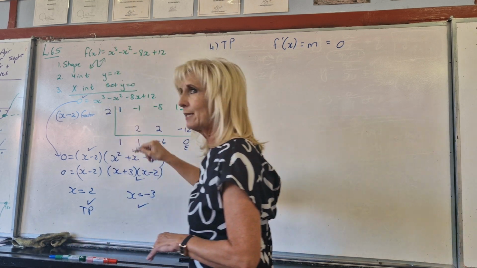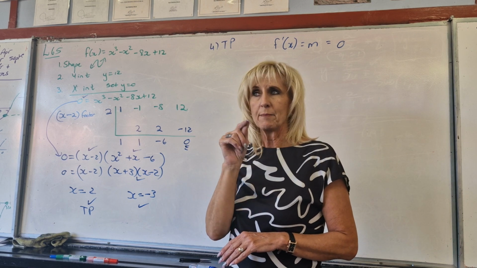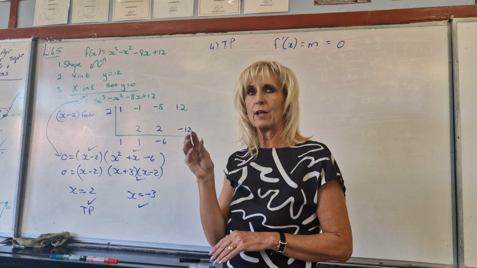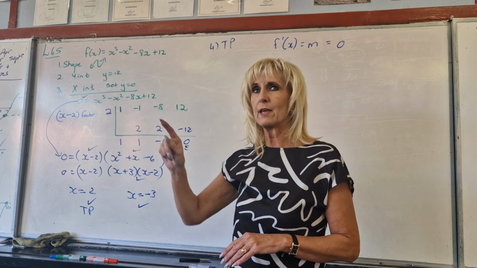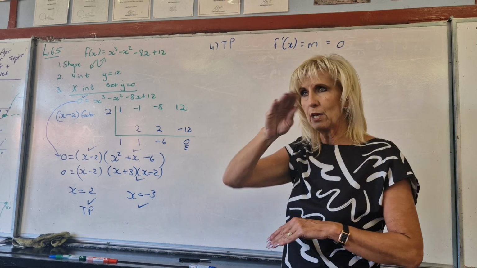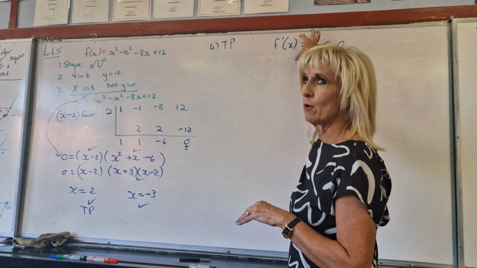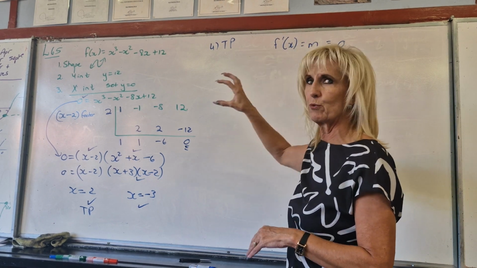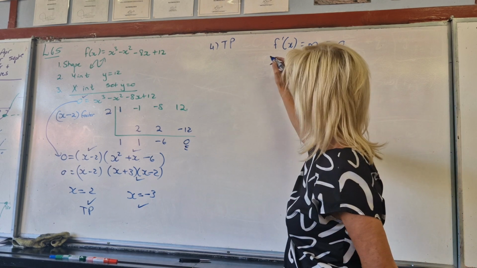So there's a gradient at every single point. Depending on the point's x value, you'll have a certain gradient, but the main thing is, how come we use it for the turning point? Because at the turning point, the gradient is 0. So this is worth a mark, knowing that for the turning point, you've got to take the derivative and put it equal to 0. Now let's do the derivative. What would it be?